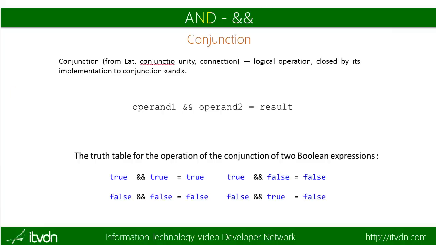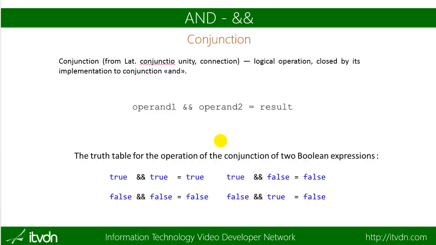Here we have AND. Everybody knows AND. If I say my pen and your pen, it means both pens. So here we have these two ampersand signs representing AND in this logical conjunction. This is a logical conjunction because we have true or false results.